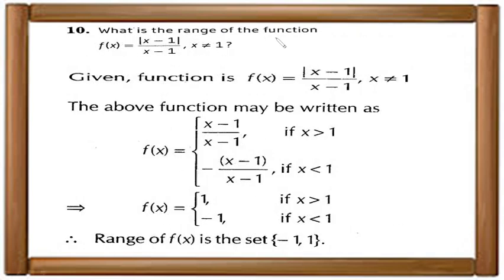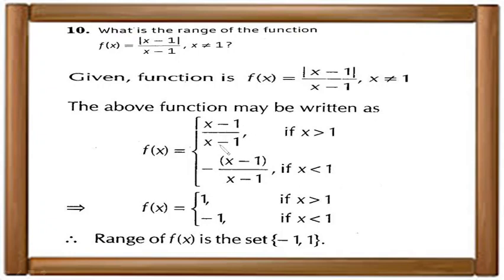Question number 10. What is the range of this function? Wherever we get mod, that question becomes automatically important. The given function is f(x) equal to mod of x minus 1 upon x minus 1, where x is not equal to 1. Let's define this function. We can write it this way: x minus 1 upon x minus 1 when x is greater than 1, and it will give us the negative of this when x is less than 1.